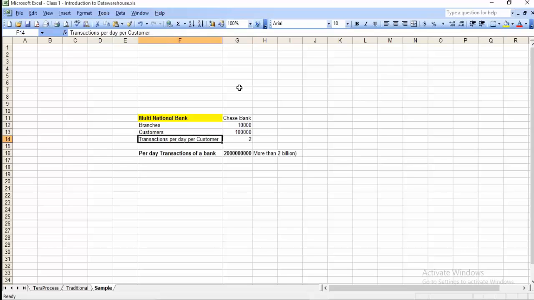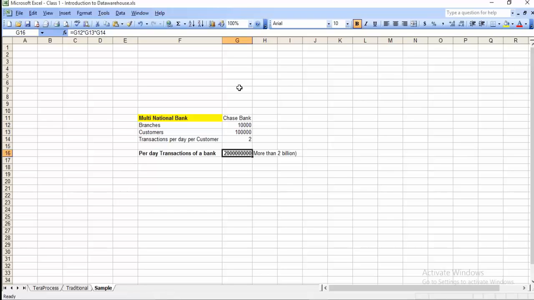So let's assume every customer performs 2 transactions in a day. For the whole multinational bank, how many transactions are happening in real time? That means 10,000 into 1 lakh into 2, correct? So per day we have close to 2 billion transactions for any multinational bank.